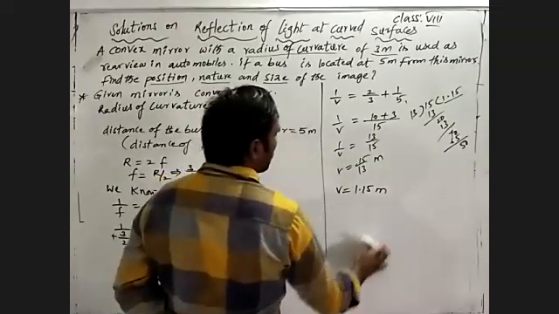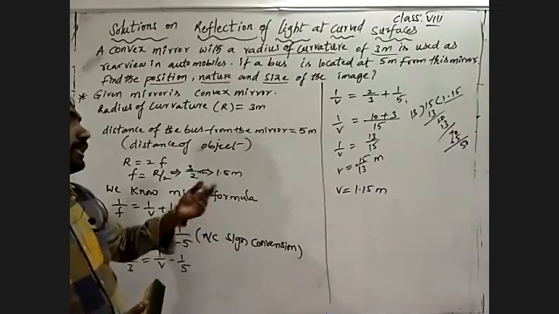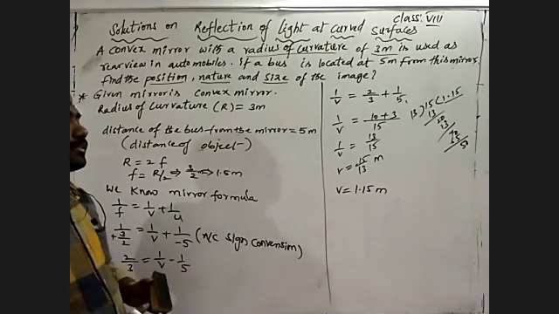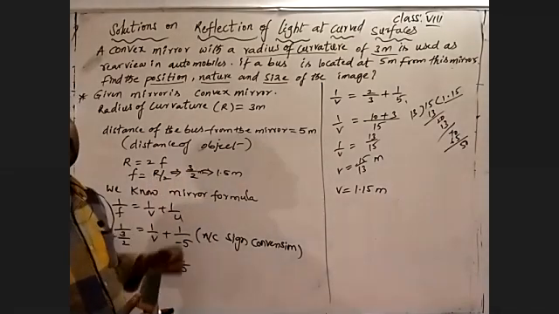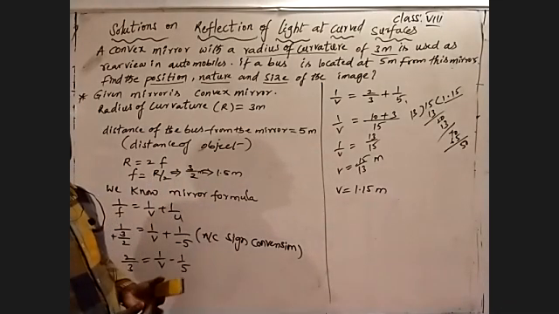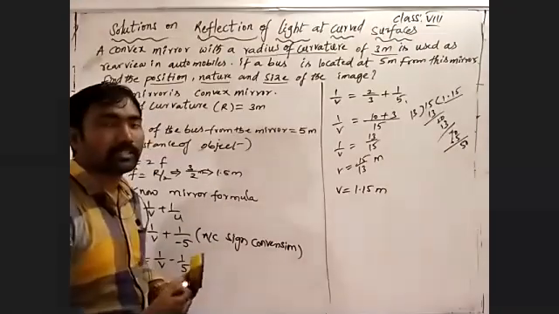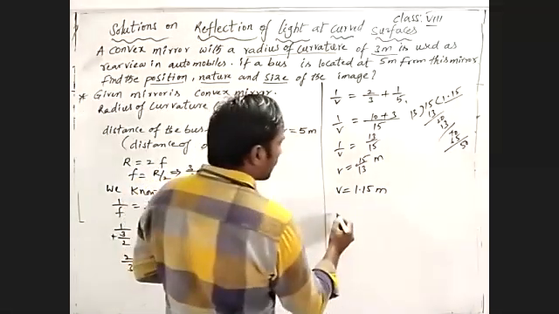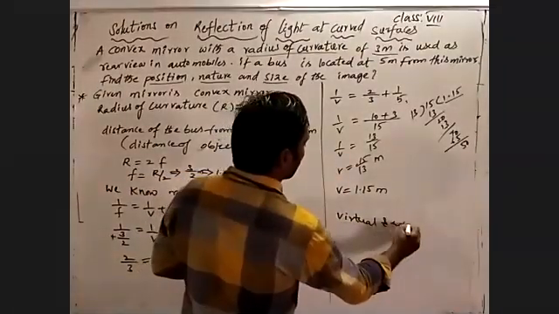At what distance will the image form from the mirror? Inside the mirror, 1.15 meter. We got plus because the image is formed inside the mirror. Inside the mirror means not on the screen. So we can say the image is virtual and erect.